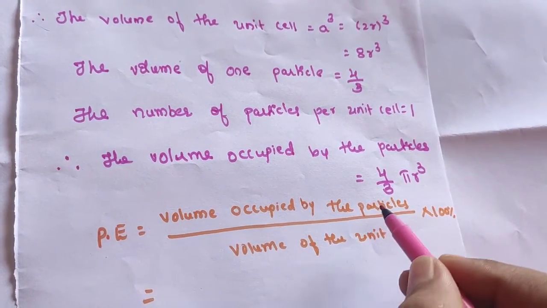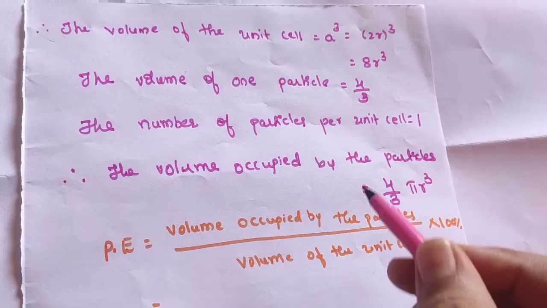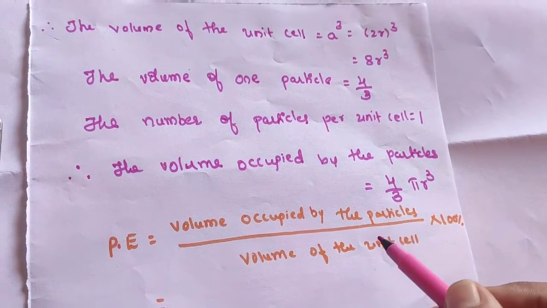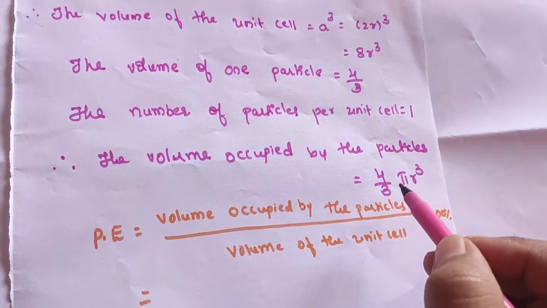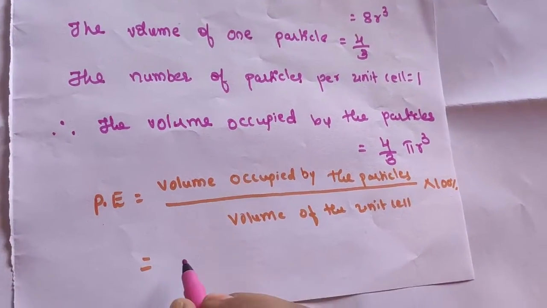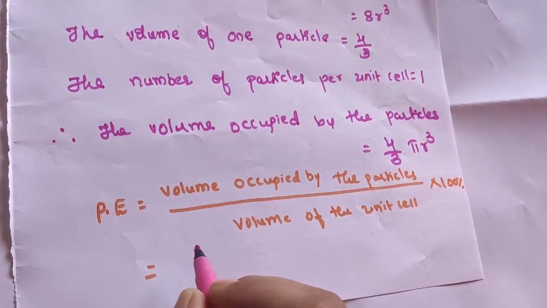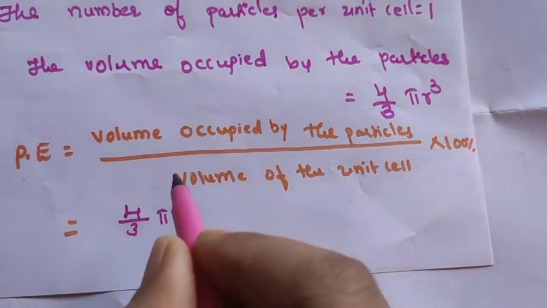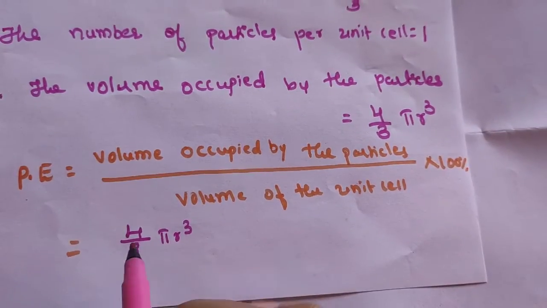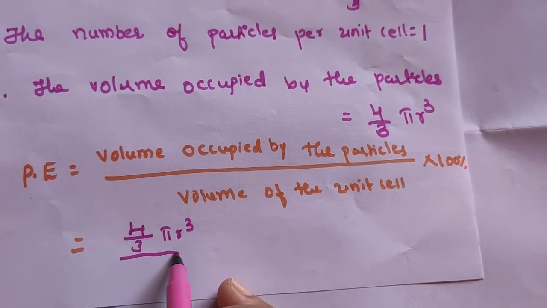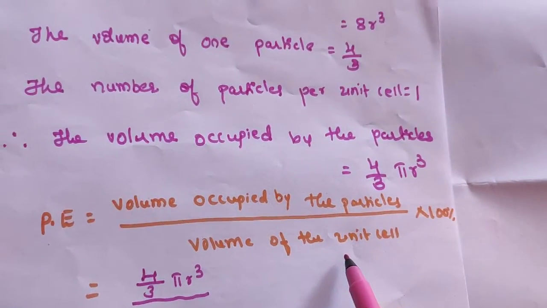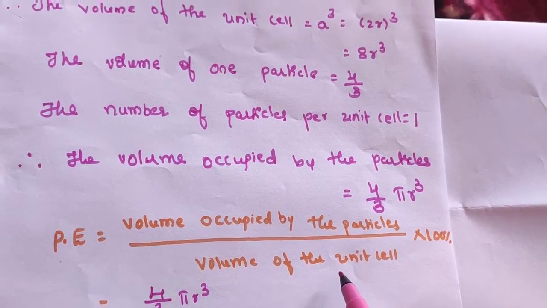The volume occupied by the particles is taken as 4/3 pi r cube, so you can substitute that value. So 4/3 pi r cube divided by the volume of the unit cell. What is the volume of the unit cell here?